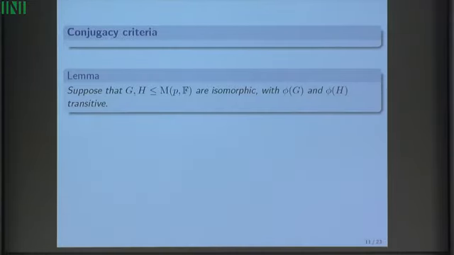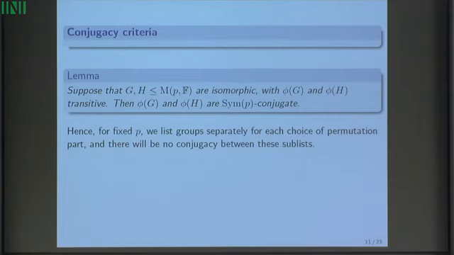If we have monomial groups that are conjugate or even isomorphic, then their transitive permutation parts must be the same. So what this means is that we can do everything for each isomorphism type of T, and then take the union of the sublists that we get at the end of that process, and we won't have any overlap. Okay? No conjugacy between different sublists.